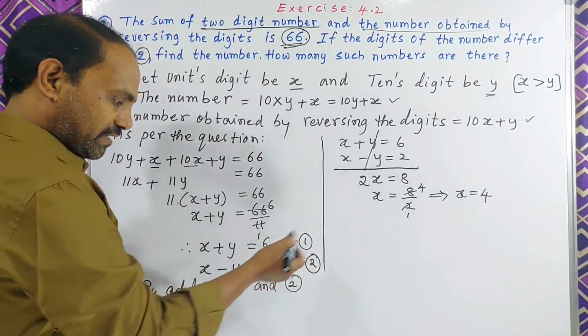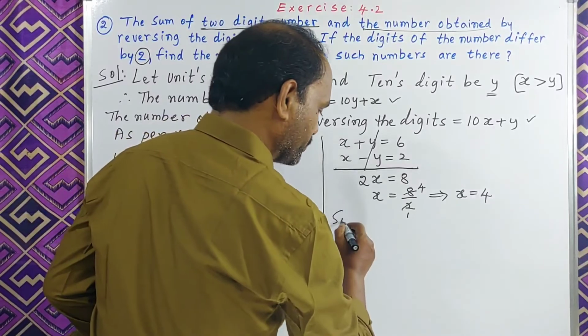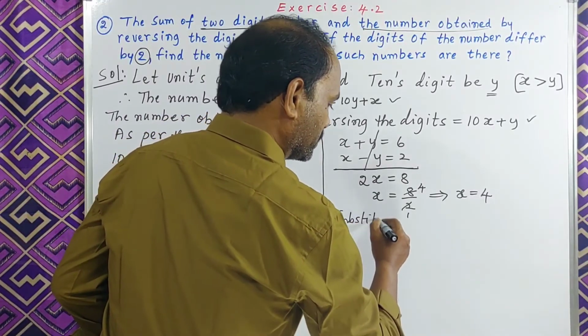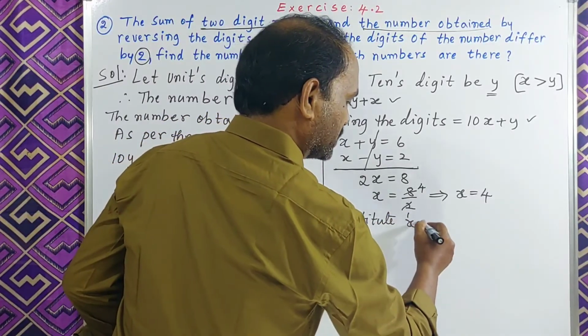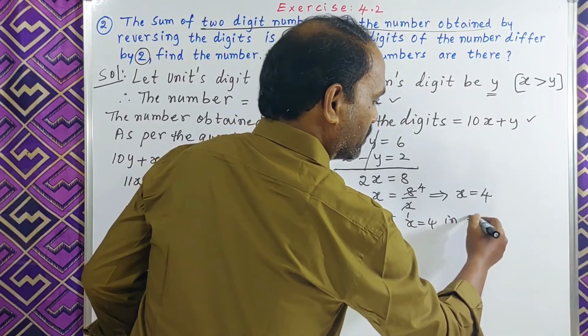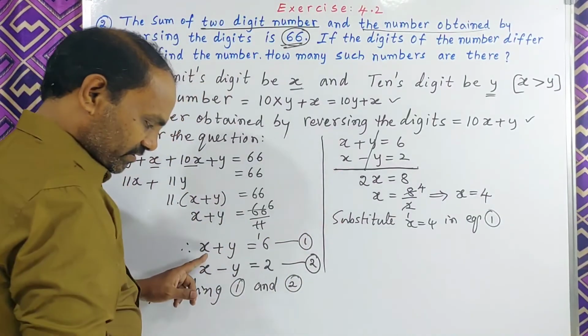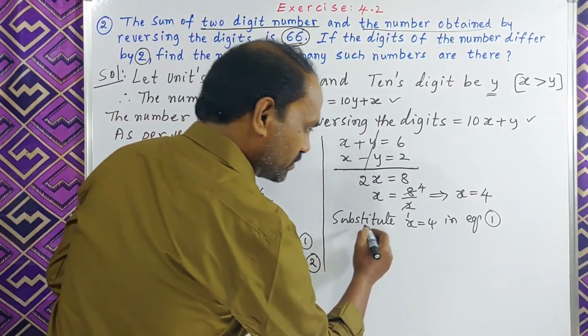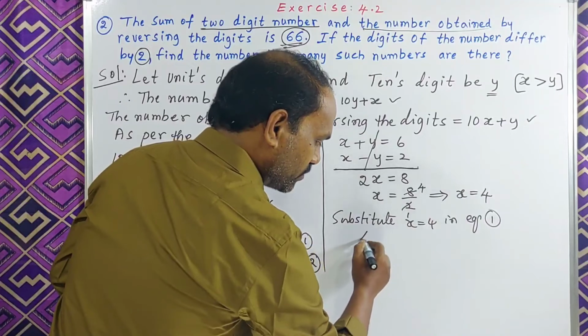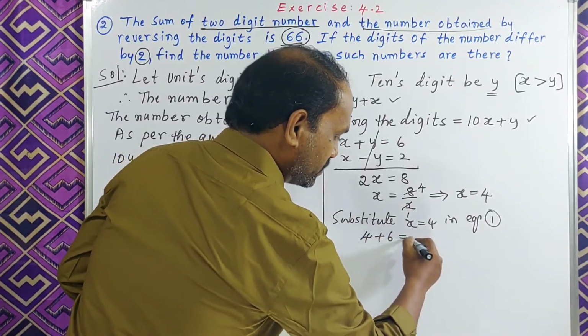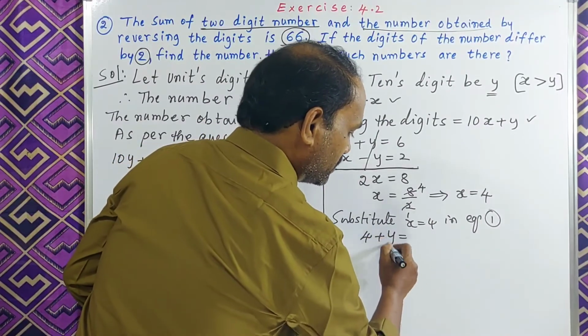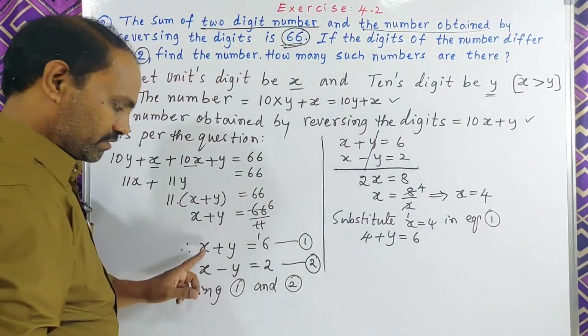Now substitute that value of x equal to 4 in equation 1. What is equation 1? x plus y is equal to 6. So with x as 4, 4 plus y is equal to 6. Is it understood?